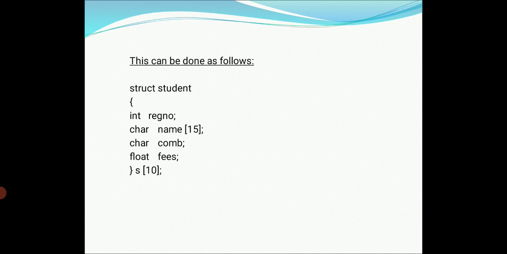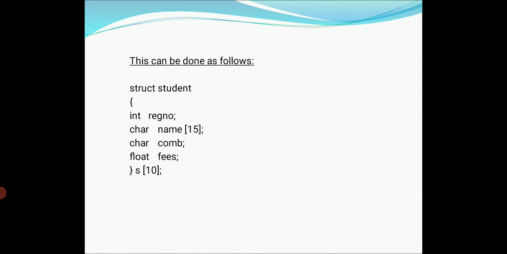Struct is a keyword, student is the name of the structure. It contains the data members register number, name, combination, fees. Register number is declared by using the data type int. Name of the student is declared by using the data type char. Combination, another data member, is declared by using the data type char. Fees, another data member, is declared by using the data type float.